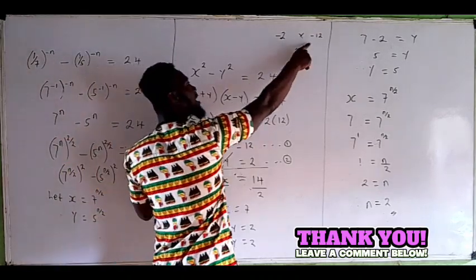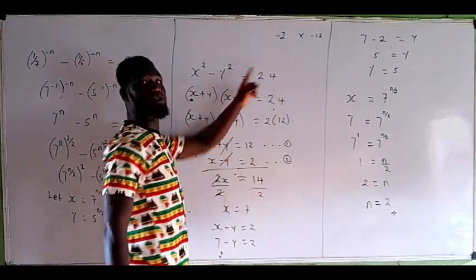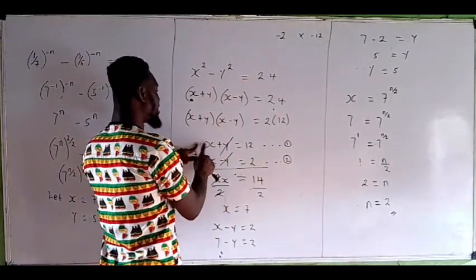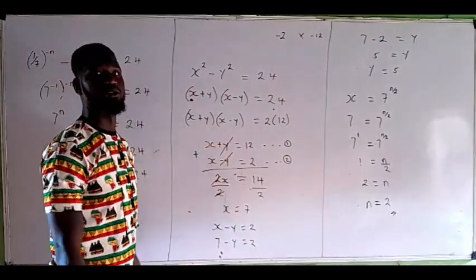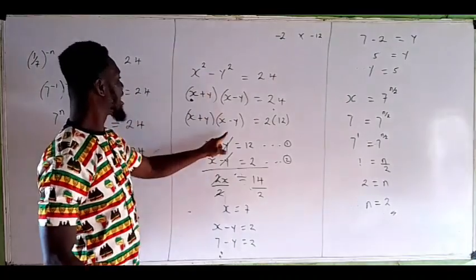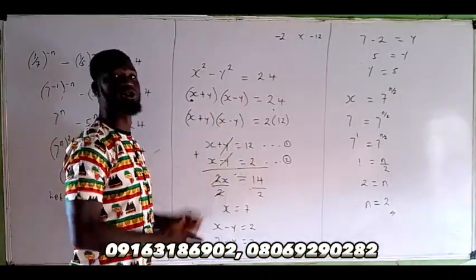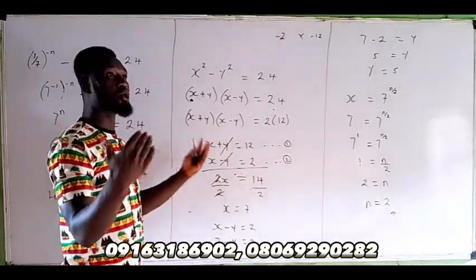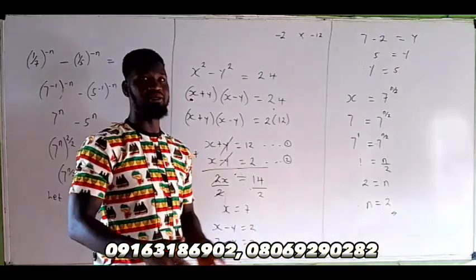But remember this time around, minus 12 is less than minus 2. Minus 2 is greater than minus 12. So here we have x plus y is equals to minus 2. Then the last one will have x minus y is equals to minus 12. So you just reverse them, right? So any factor you use and you solve, you still arrive at the same answer.